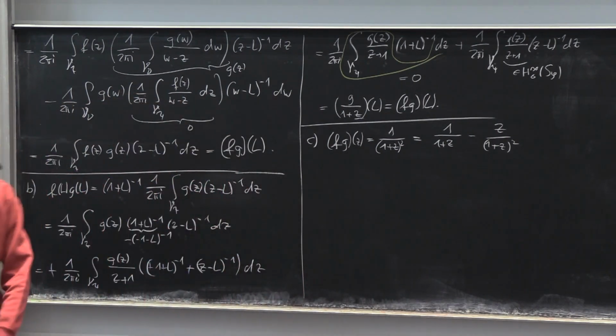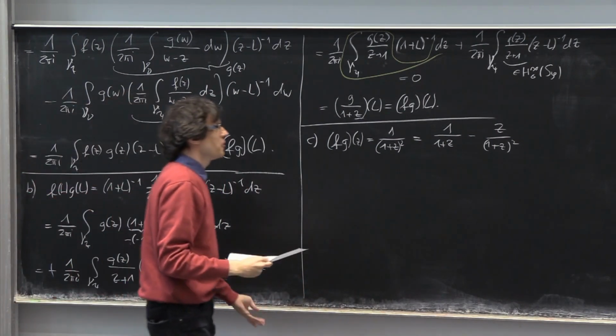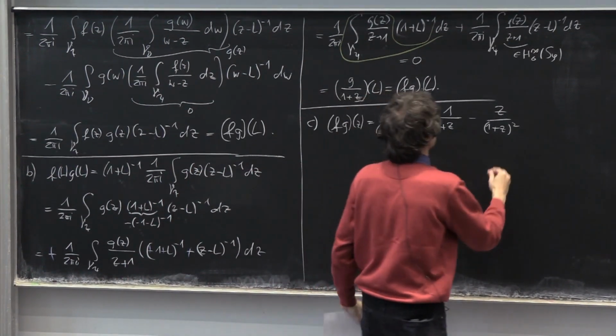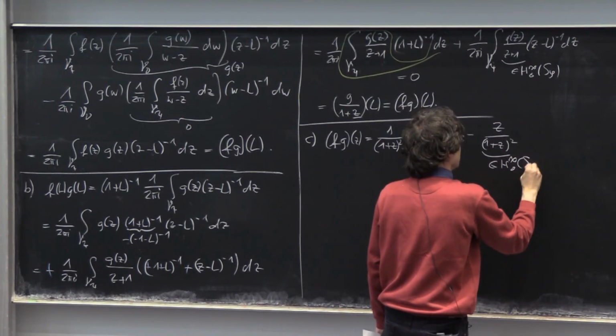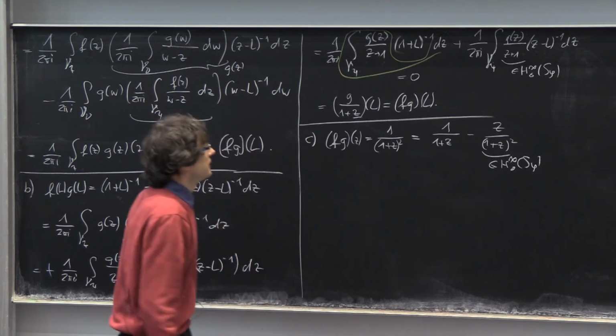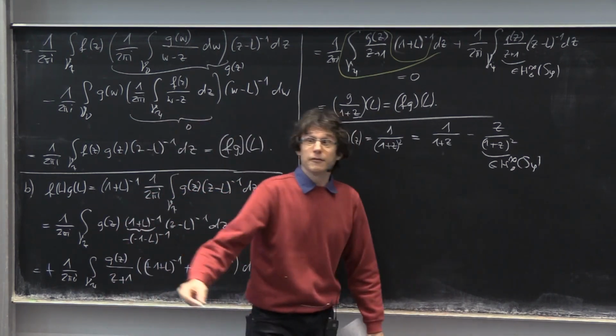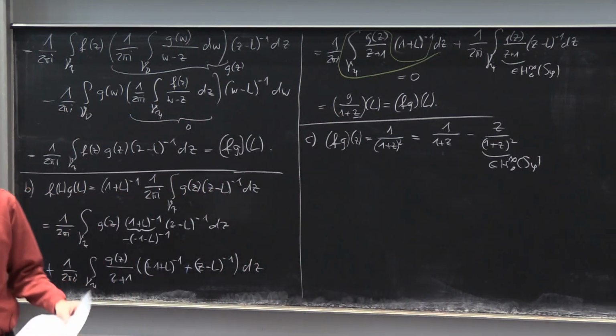Okay, and now the good thing is, we've seen this function 270 times already. We know this is in H0 infinity of S phi. And this is an elementary part of our Dunford-Riesz class.